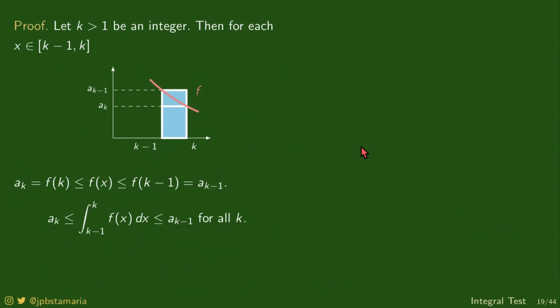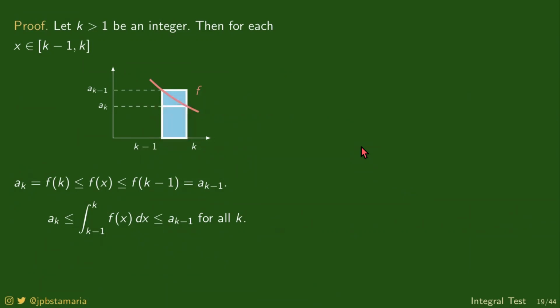Paano siya i-imaginein sa picture? Ganito yun. The truth is, ito yung a sub k talaga. Ayan yung a sub k. Ito yung a sub k minus 1. Alright. So, yung integral ng f of x from k minus 1 to k, siya yung area na ito. Okay, siya yung area na yan. The truth is, kung a sub k ito, 1 unit ito. Pag minultiply mo yan together, you will get the area of this rectangle.